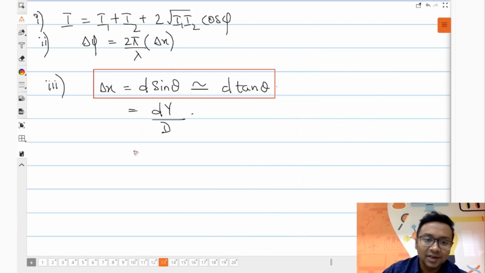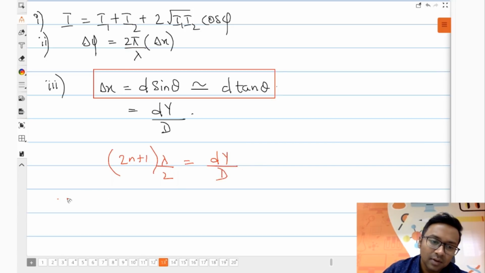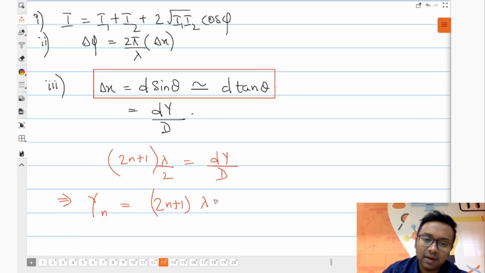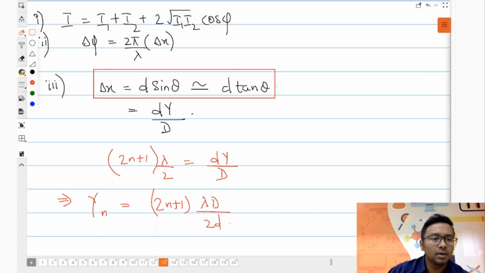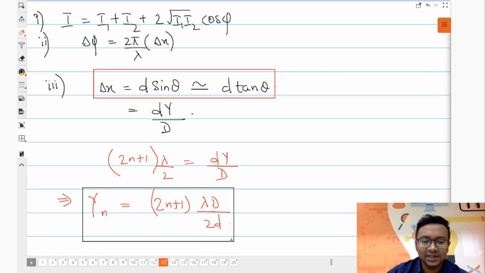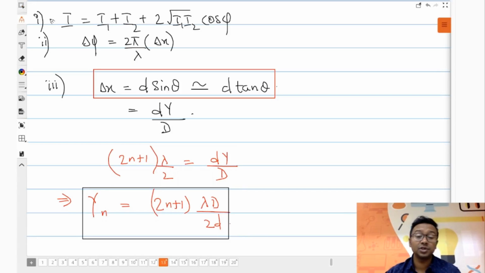So 2n plus 1 into lambda by 2 should be equal to d y by capital D, which implies the position of my nth minima is equal to 2n plus 1 into lambda capital D divided by 2d. All right. So that's the formula we have for the position of the nth minima. Listen, students, this n starts from 0.